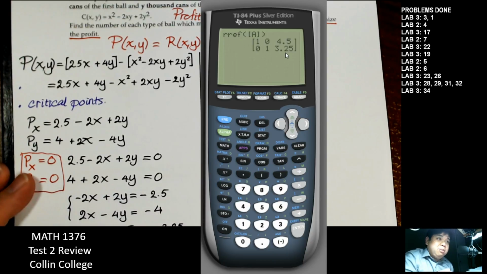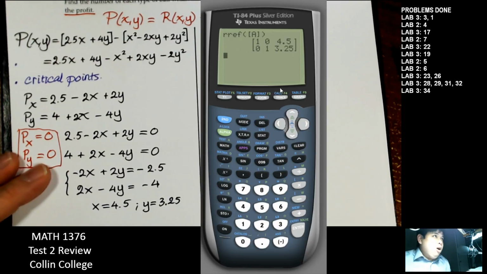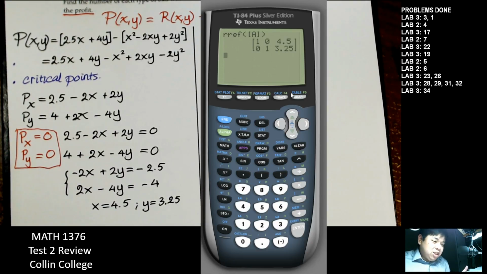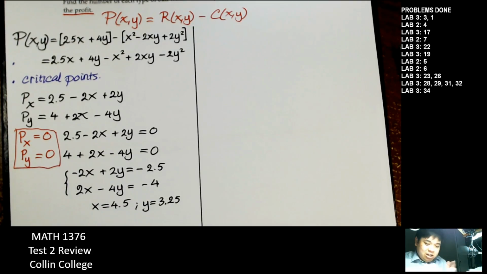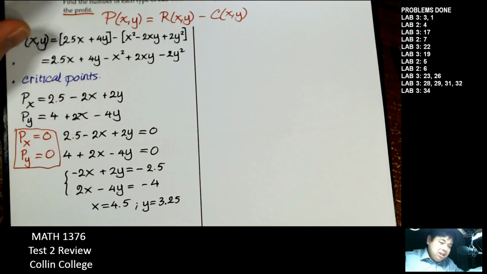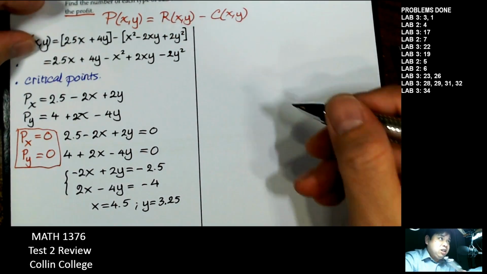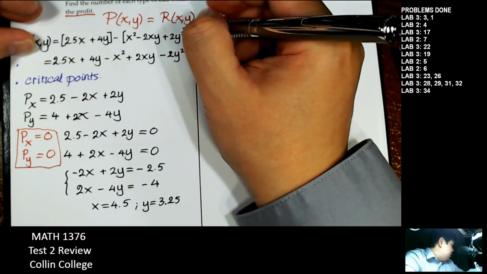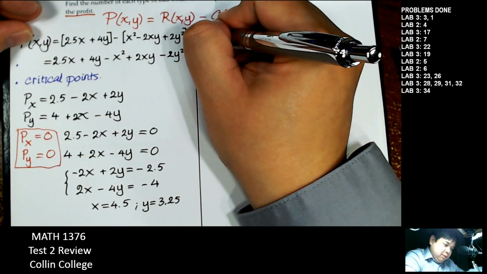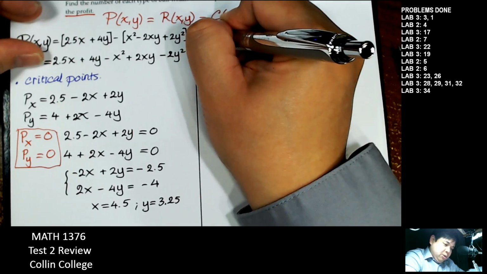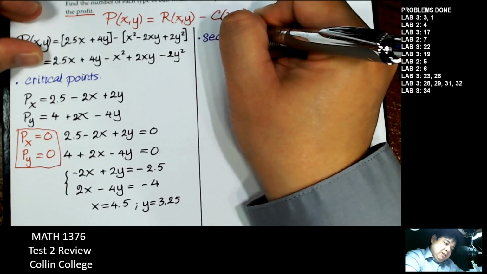We can almost stop at this step because the problem asks for a point to maximize profit. We only have one point, so it must be where the profit is maximized. But we use the second derivative test to confirm that it's actually a maximum. So, second derivative test.